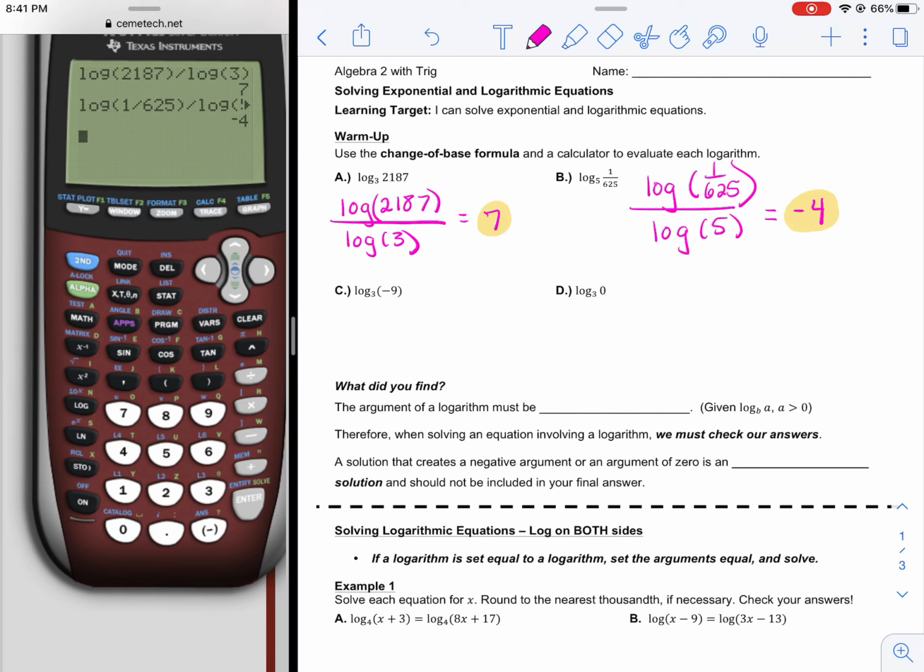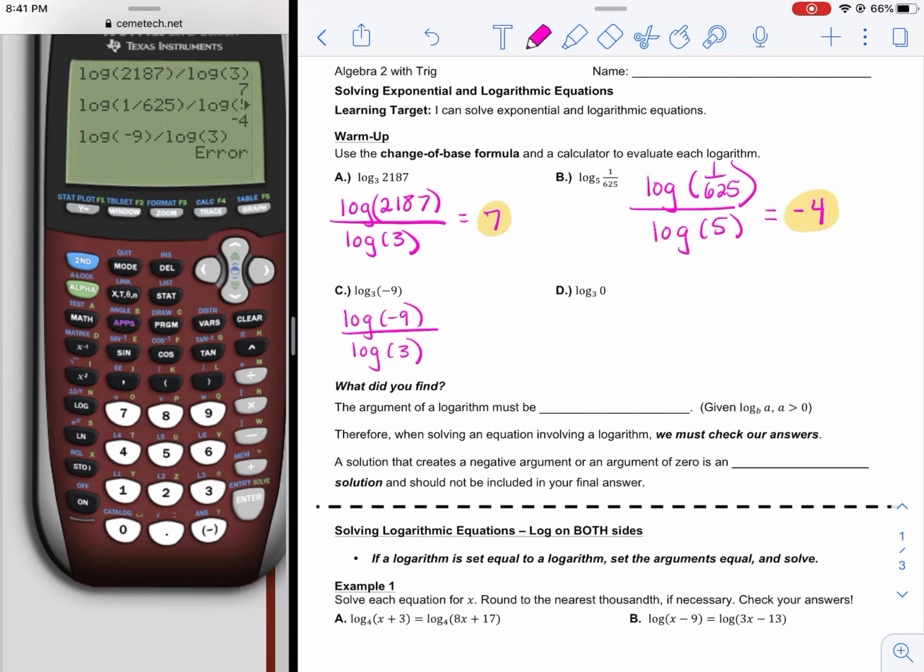Now, in the next problem, we're going to do log of -9 divided by log of 3. And what you're going to notice in the calculator is that you get an error, and it says non-real answer.